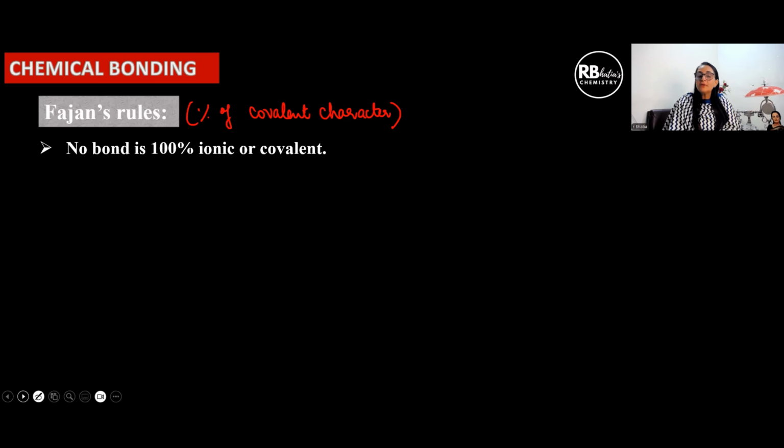Some years back, it was considered that non-polar covalent bonds such as hydrogen, chlorine, etc., should be perfectly covalent. There should be no charge separation. But since a few years, the concept is none of the bonds is 100% ionic or covalent because it is believed every atom has a capacity to affect the electron cloud of another atom.